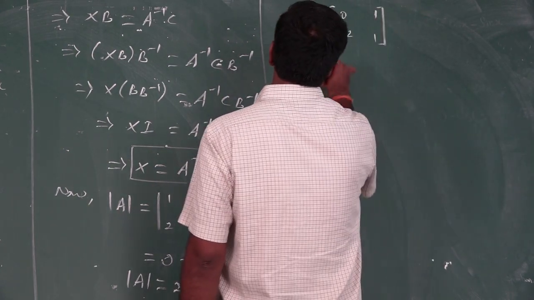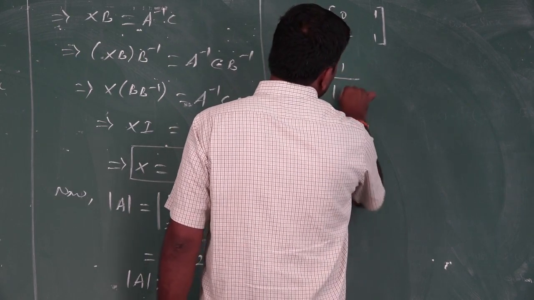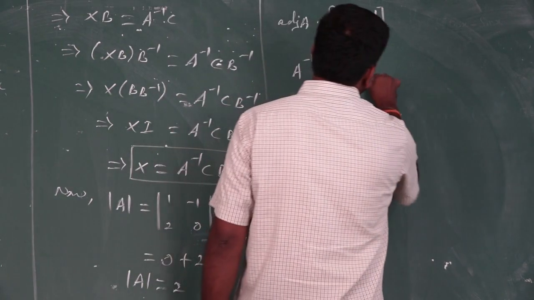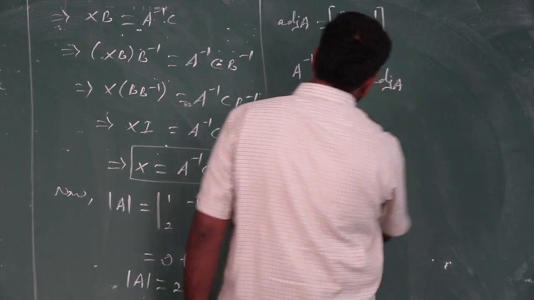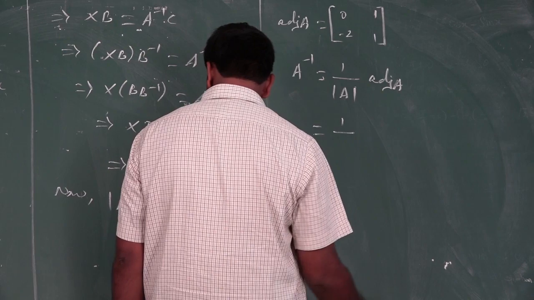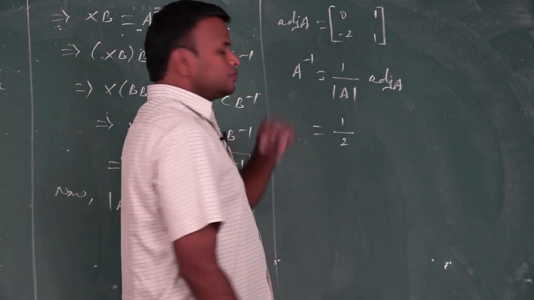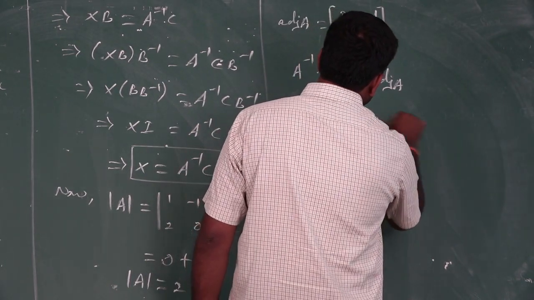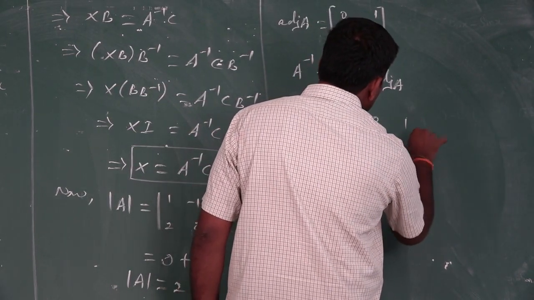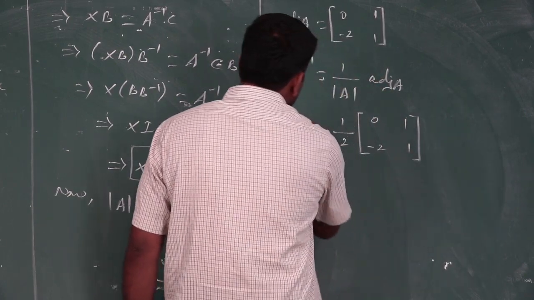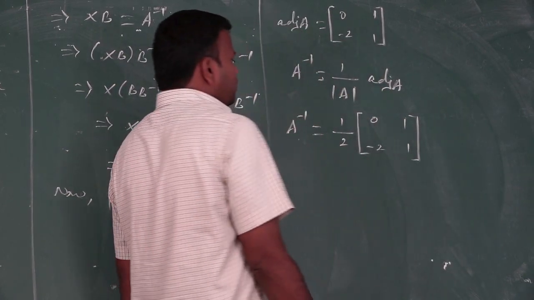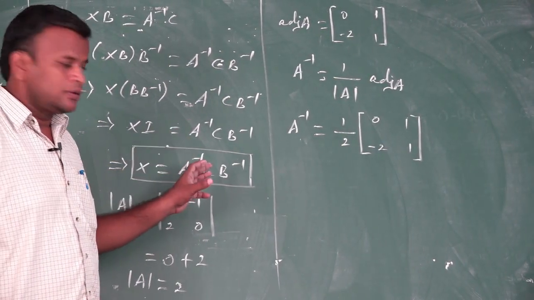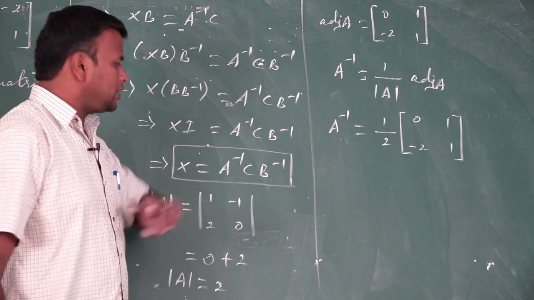Next, we write the formula of A inverse: 1 by determinant A into adjoint A. 1 by the value of determinant A, which is 2, into adjoint A. The value of adjoint A is 0, 1, minus 2, 1. That is the value of A inverse. The next matrix C is already given, and the last matrix is B inverse.